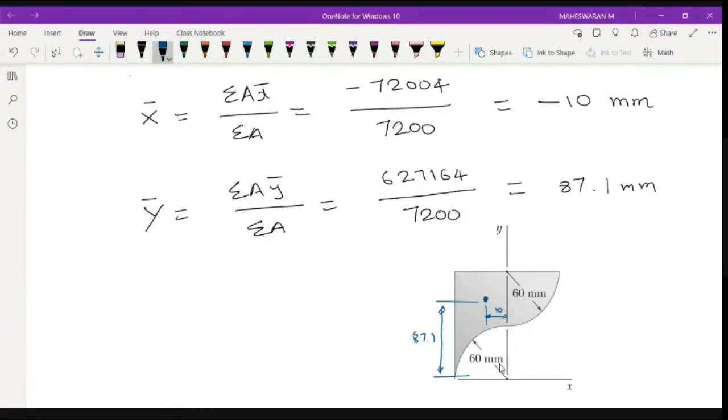Either you can draw this rough sketch and denote it as your capital X bar and capital Y bar, or you can stop here itself. It depends on you, it's your wish, right? Sometimes, if the problem is a critical problem, you had better draw and show, so that it is easy to understand.